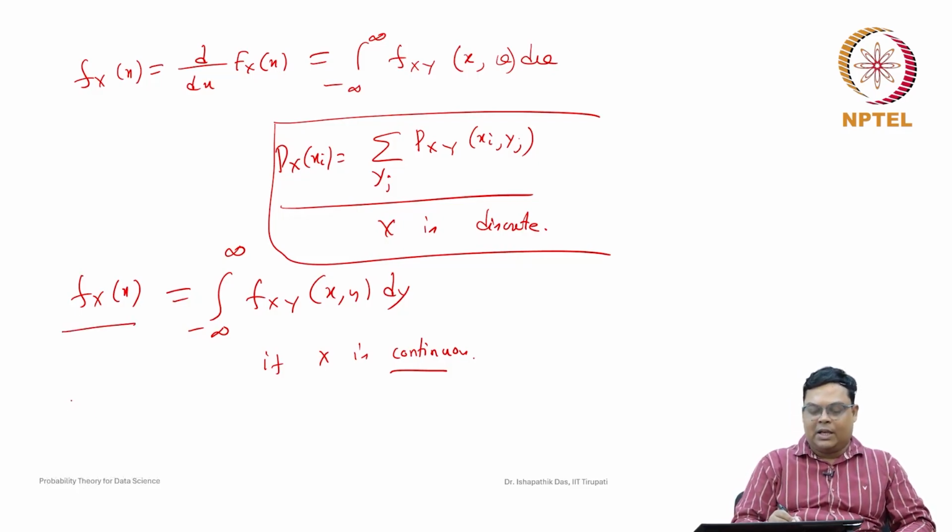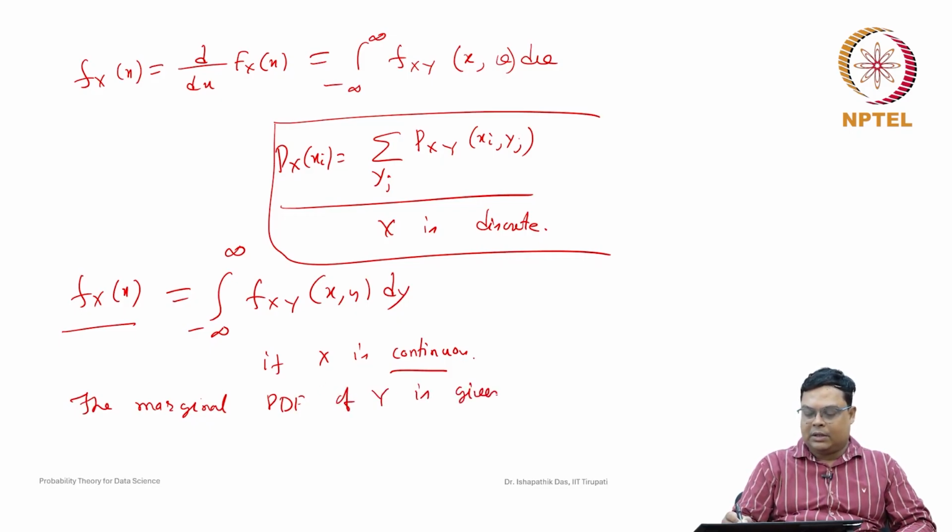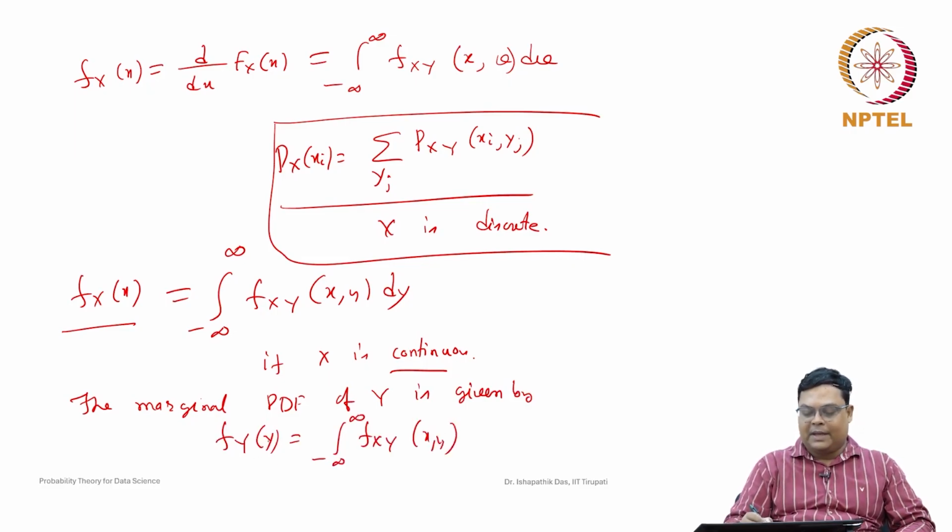of x. Similarly, you can find the marginal probability density function of y, given by f_Y(y), which is nothing but the integral from minus infinity to plus infinity of f(x, y) dx. So, fixing a particular value of y, what we take as a sum in the discrete case is an integration over the other variable in the continuous case.